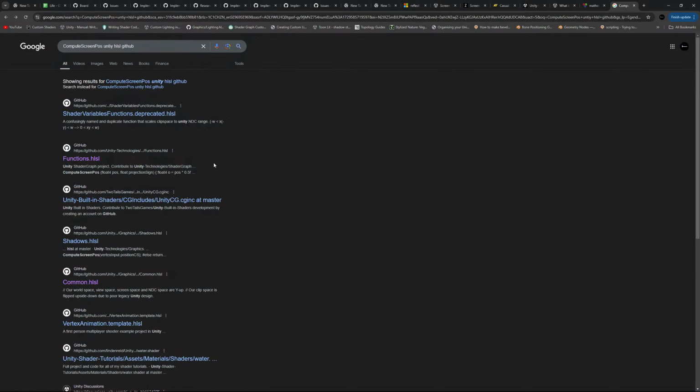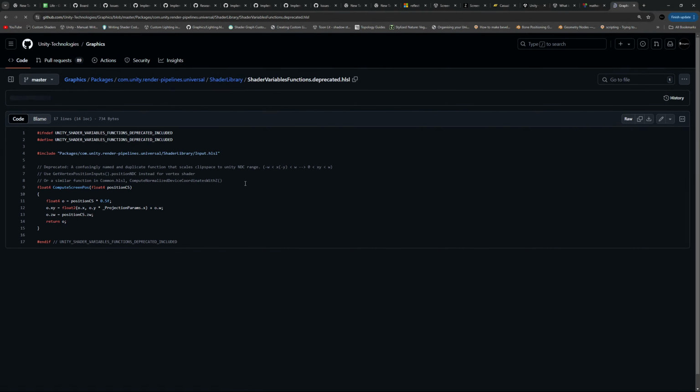Shader graph, that's not what I want. Deprecated. Yeah, here we go. Projection params X. We take into account. Yes. So we want to do this because we want to take projection params X into account.